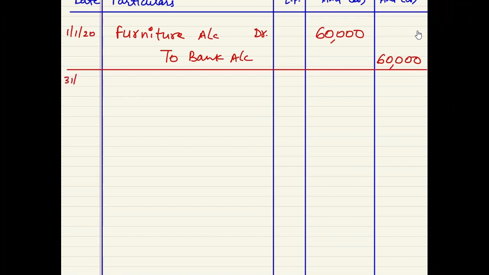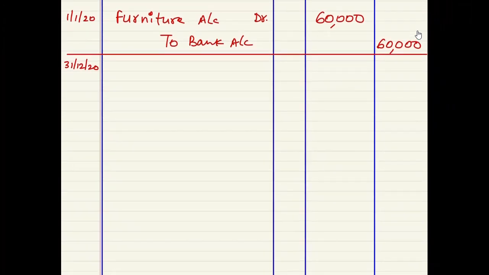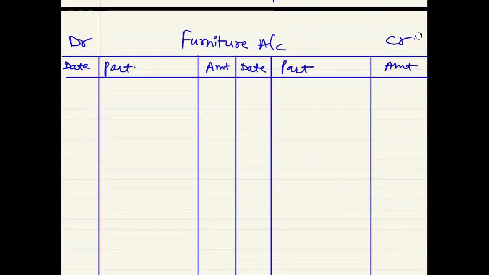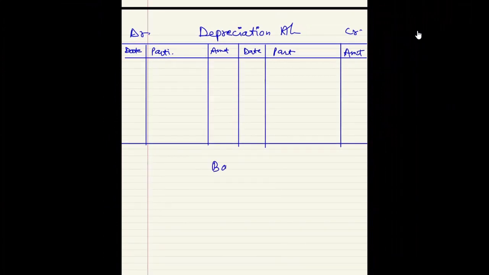When there is a year end on 31st of December 2020, we need to pass the depreciation. But before passing the entry for depreciation, let us do the posting of this journal entry. Furniture account is debited and bank account is credited. So on the furniture account on 1st of January 2020, I will write to bank account, 60,000. Although it is not required in the question, if you are doing the full accounting, let's prepare the bank account also.